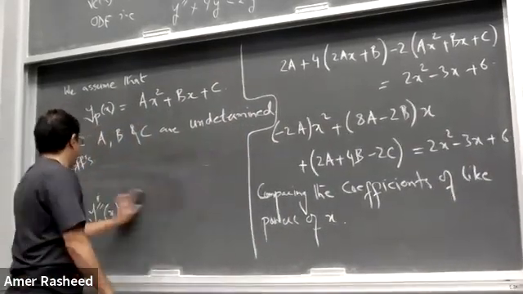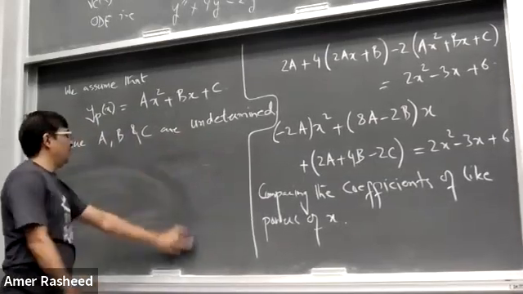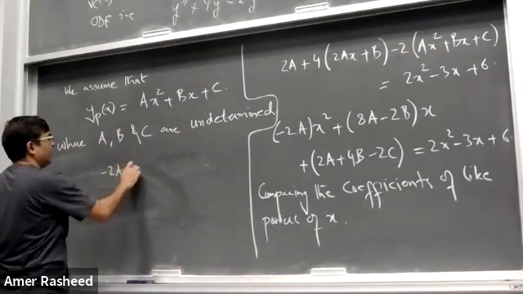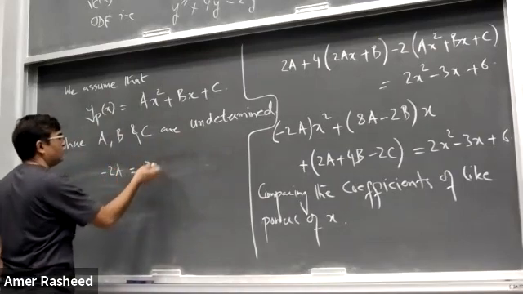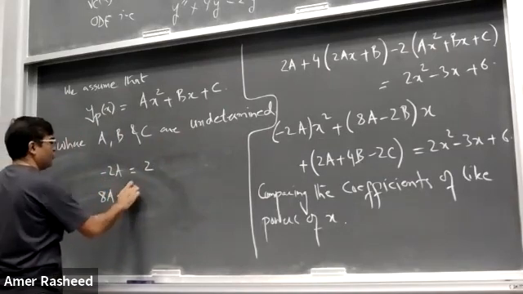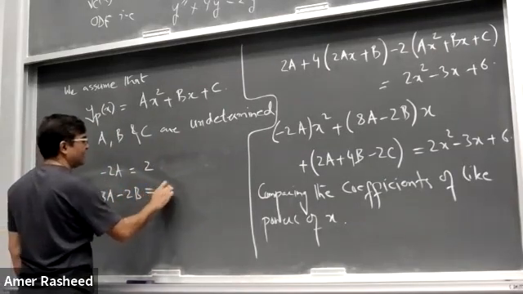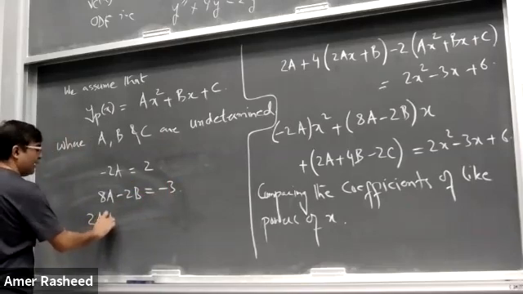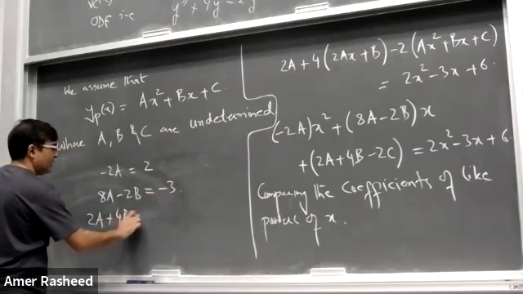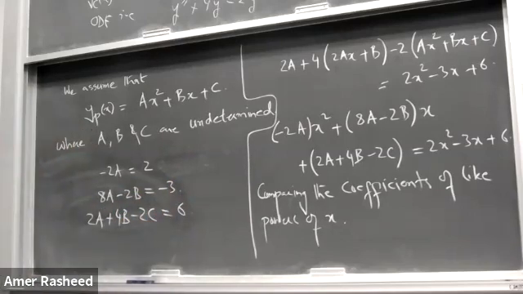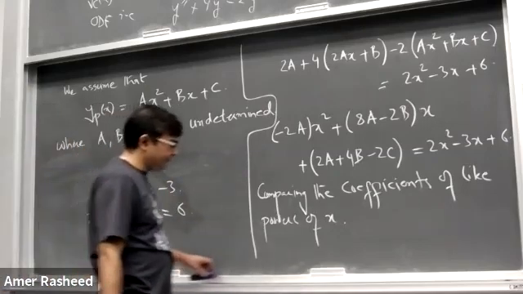Let me write it over here. The coefficient of x squared here is negative 2a, and it should be equal to 2. And 8a minus 2b is equal to the coefficient of x, which is minus 3. And 2a plus 4b minus 2c should be equal to 6. So this is what we obtained as equations.